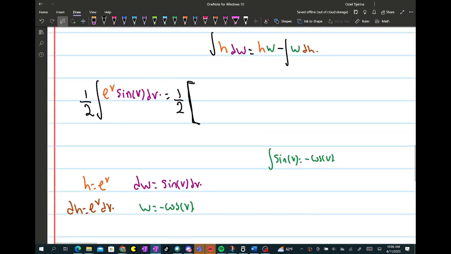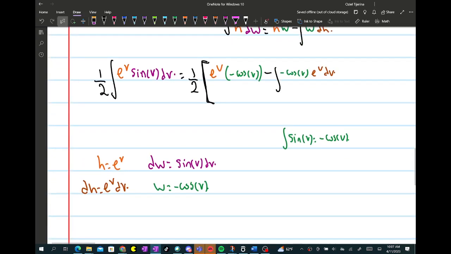So we have 1/2 times hw. h is e to the v, so we have e to the v times w, and w was negative cosine of v, so times negative cosine of v, and then minus the integral of the negative cosine of v, and then dh, so dh was e to the v dv.